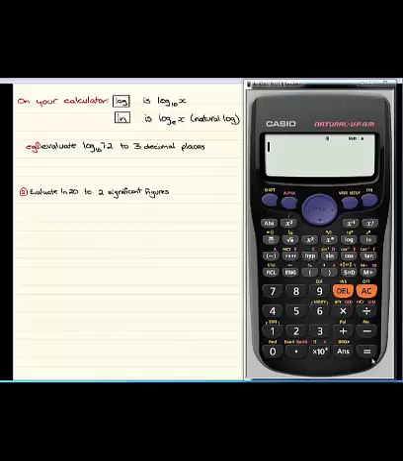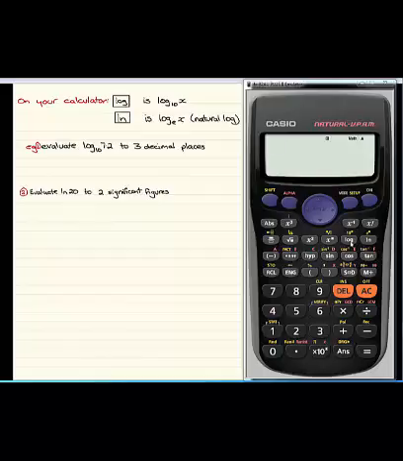Okay, so on our calculator, we can evaluate logs that don't work out nicely. We know that 2 to the power of 3 is equal to 8, but we can use logs to evaluate ones that aren't nice, easy whole numbers. On your calculator, you have two buttons. This one here says log, L-O-G.